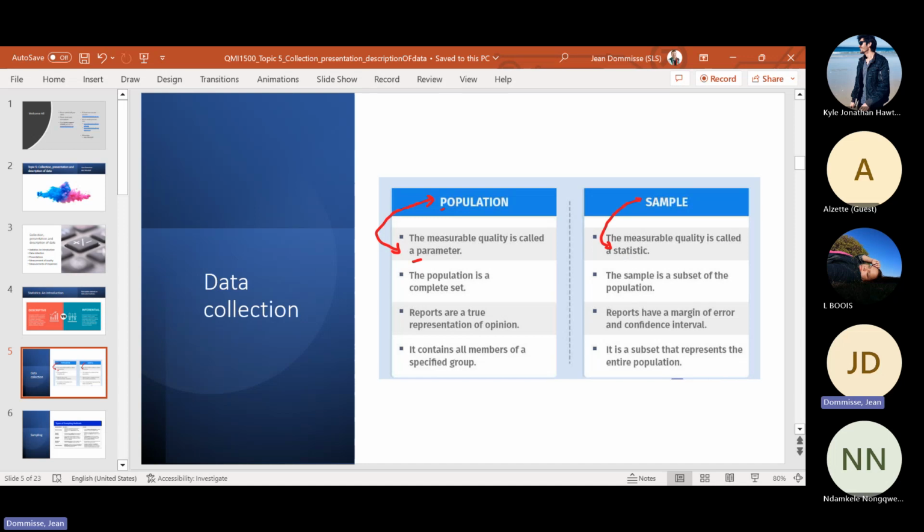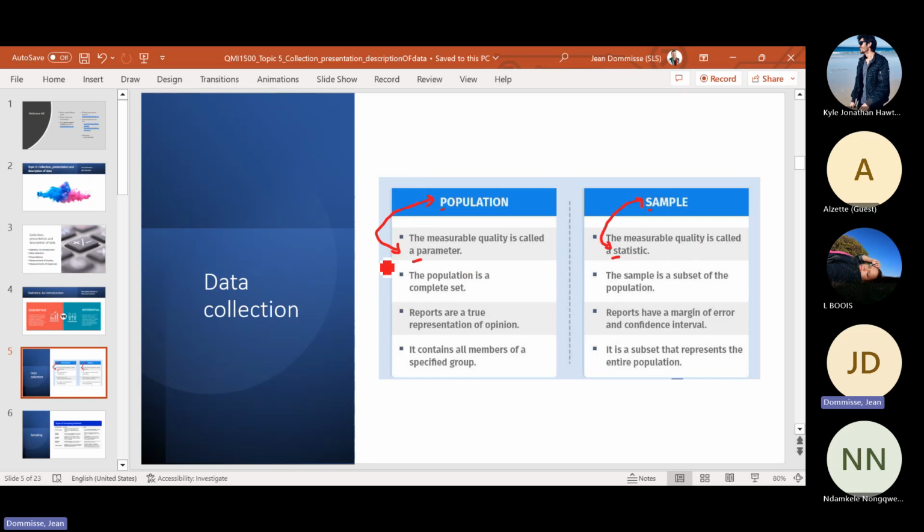That's normally the easiest for me to remember it. The S goes with the S, sample goes with statistic, population goes with parameter. Okay, so that is if I ask you anything about a measurable quality.